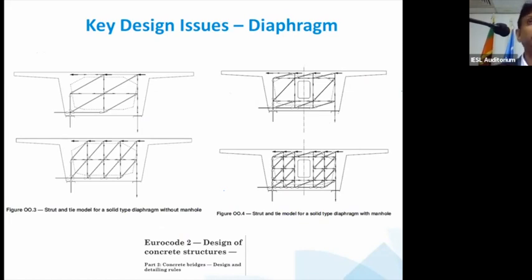Likewise, if you have a compression strut, you make sure the compression does not exceed the capacity of the concrete. That guideline is pretty much there. There are two aspects: with a hole and without a hole, because people need to go through from one side to the other, and that's what you see in the right-hand side picture.